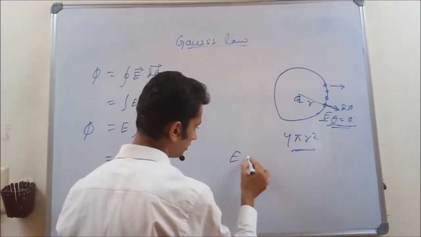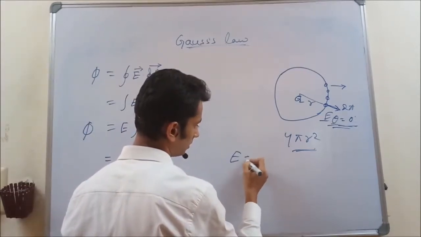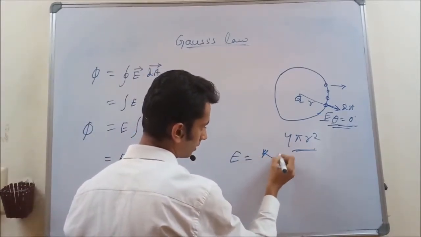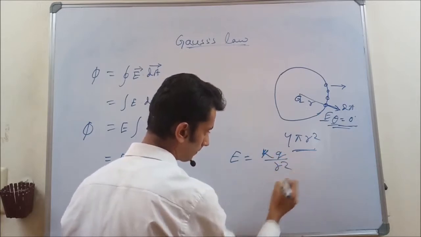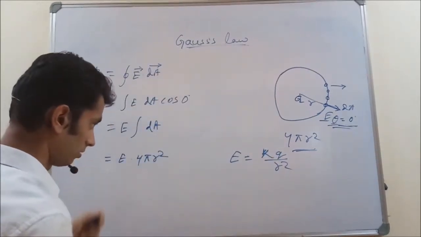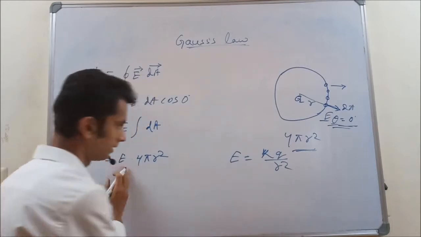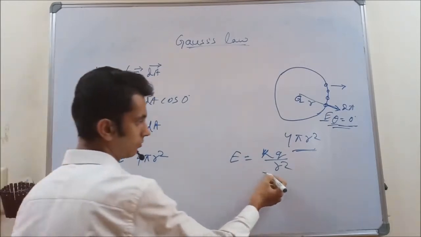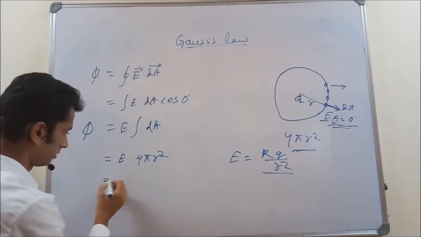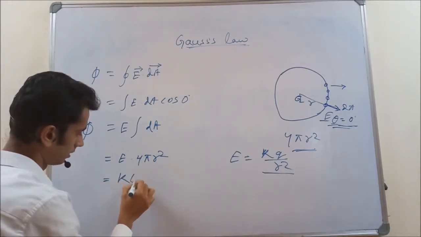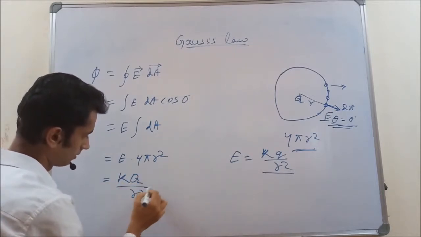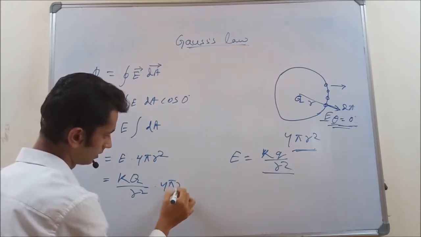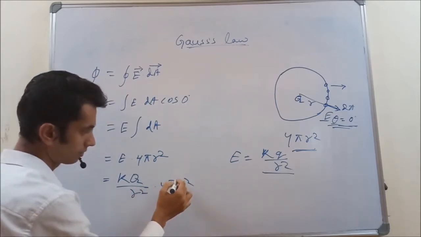What is E? E is equal to kq by r squared. So in place of E, we can place kq by r squared, into 4 pi r squared. So r squared cancels.